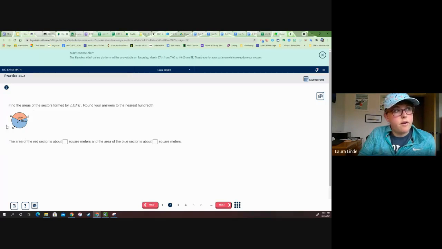Let's start with the sector area one since you guys didn't get to do a U-try on there. Find the areas of the sectors formed by DFE. Round your answers to the nearest hundredth. So go ahead, try this one real quick. Find the area of the red sector and then the area of the blue sector. I'll give hints along the way.